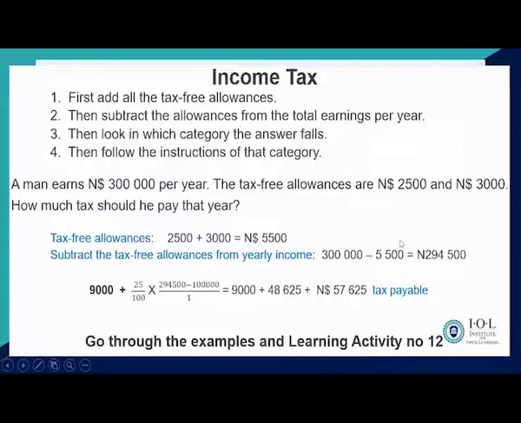So it's very important that you read carefully what the tax-free allowances are, what's left, and then search for the correct row.